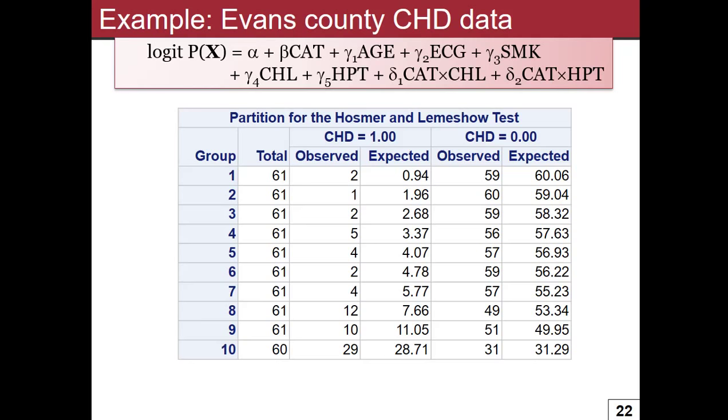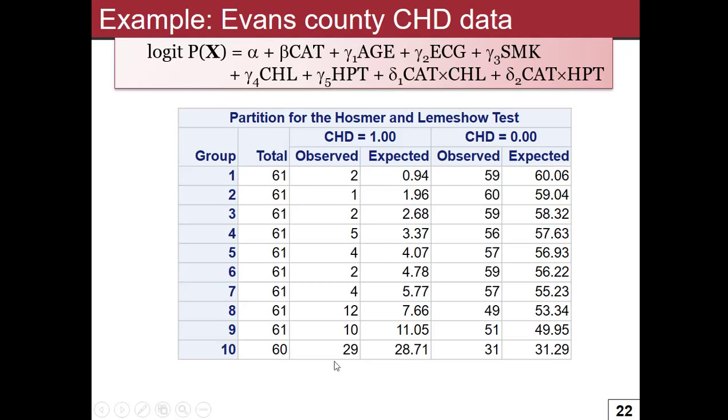They're going to be tiny because these are low-risk people. Only two of them had heart disease anyway. And the sum of all of those 61 predictions was 0.94. Okay, that is the sum of everyone's prediction. And you do this for every decile, and you say, hey, was the sum of all those predictions different from the observed? So here I saw 2, and I predicted 0.94 in this group of 61 people.